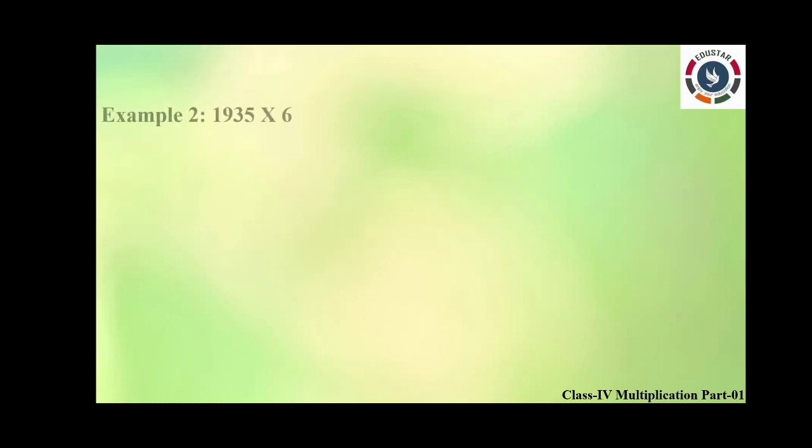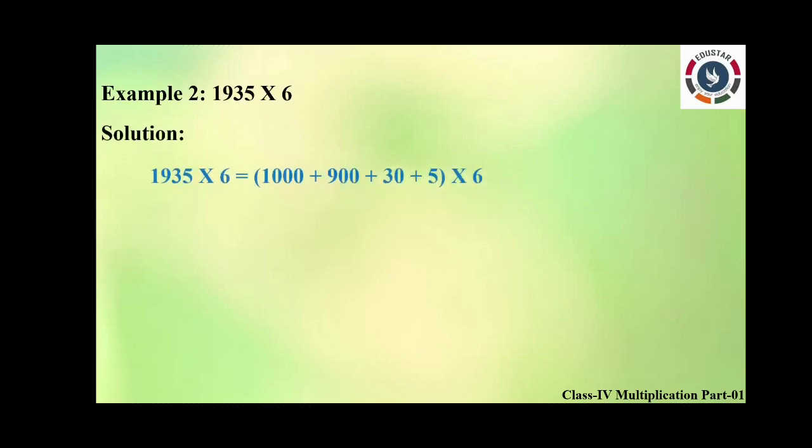One more example. 1935 into 6. 1935 in expanded form, we can write 1000 plus 900 plus 30 plus 5.